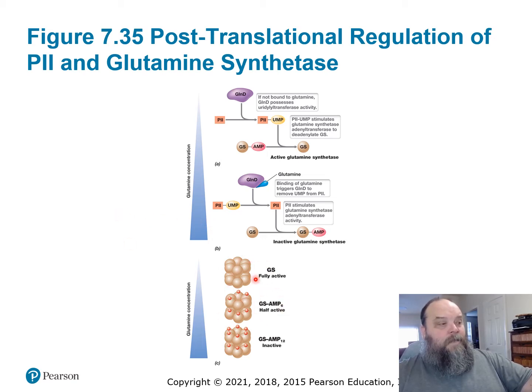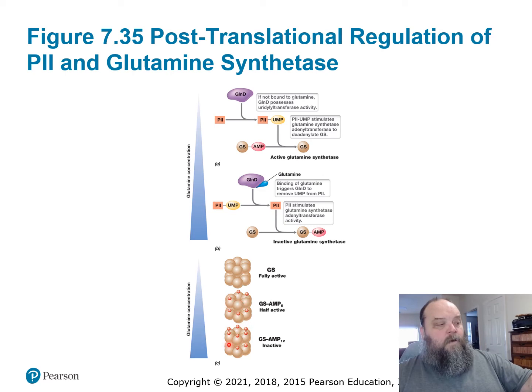Now, it's not a one and done with GS. GS is a cluster of polypeptides. And as the glutamine concentrations increase, more and more of the polypeptides, the proteins in this complex, will get AMP covalently added to them.